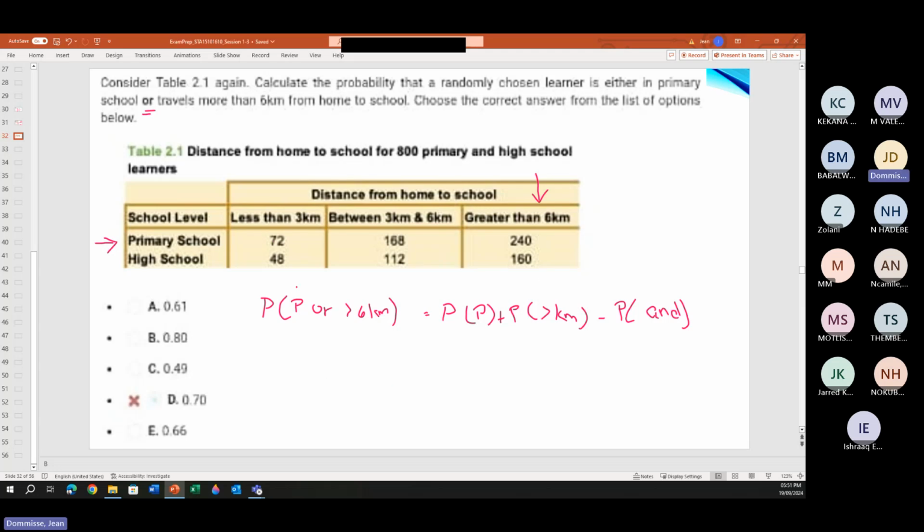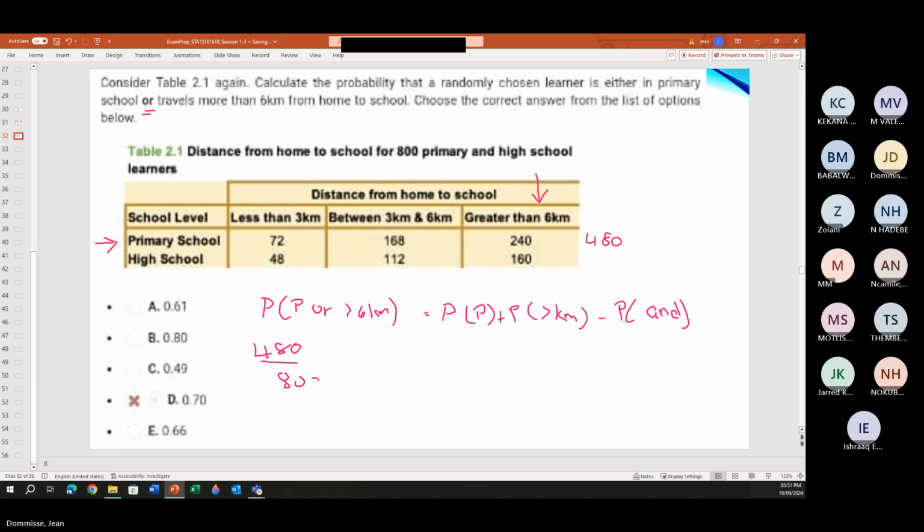So 72 plus 168 plus 240. So the total of primary school is 480. So that probability is 480 divided by 800, plus the probability of more than 6 kilometers. So if we add those together, it is 400.